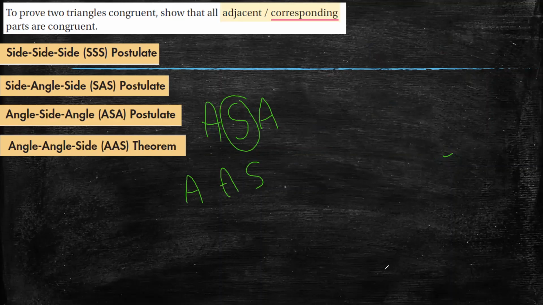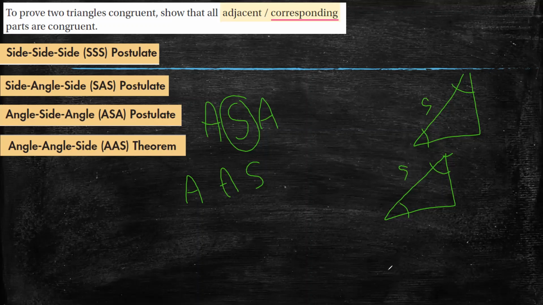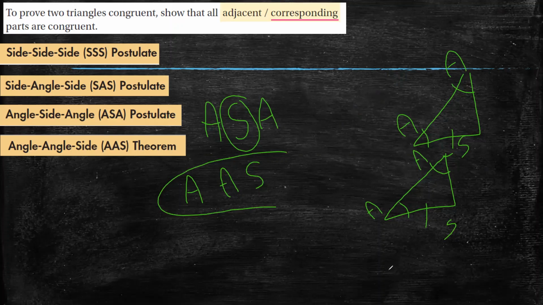It will be outside of these two angles. As an example, if you have this triangle and this triangle, and we have angle, angle for these two angles, if the side is between them, if the side is included, I will say now that I used ASA. But if the side is not included, if the side is here as an example, so I have A, A, S, which is this theorem, angle, angle, side.